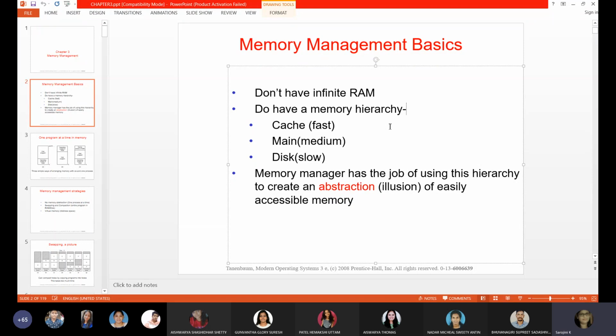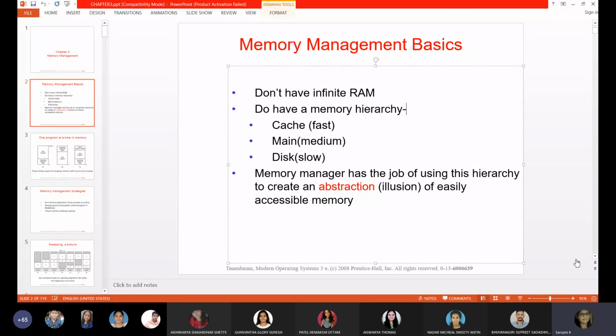You may ask why it has to create an abstraction. Application programs need not know anything about the system, because if they know, they may crash the resources. So it is not necessary, and unnecessarily it should not be visible to the users. So it is creating abstraction.